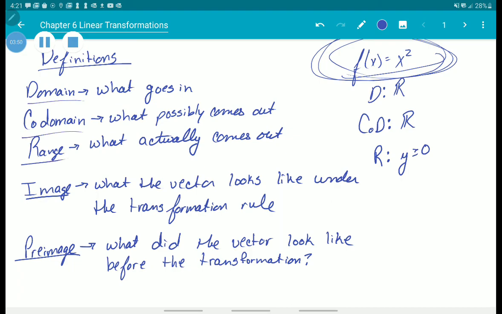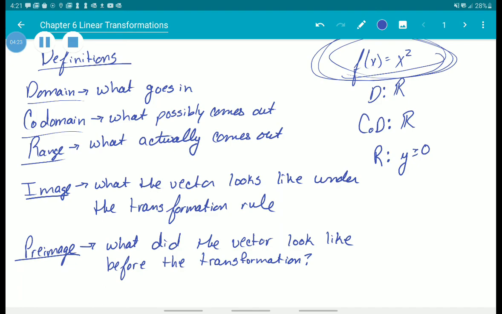Domain and range are the same ideas, pretty much the same definitions that you would have back in an algebra course. But now codomain is something that's a little bit new for us because we don't really think about codomains with functions. But we do need to consider that a little bit with transformations because we may be going from R2 to R3 if we have a transformation that's designed to do that, but we may not get all of R3 out.